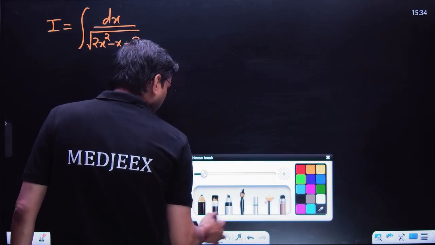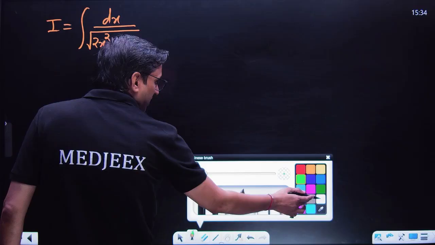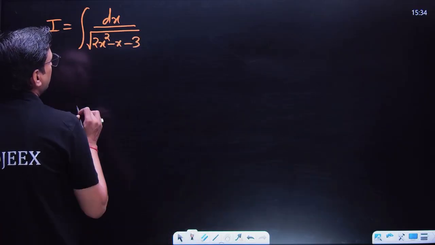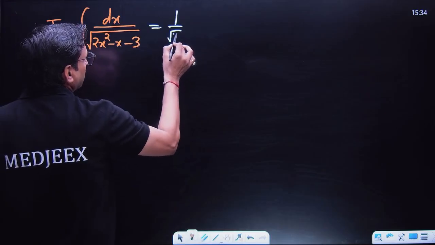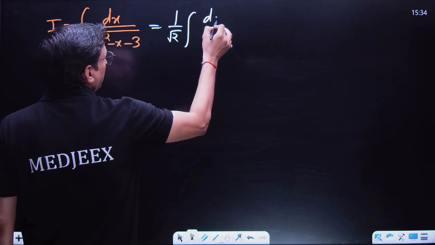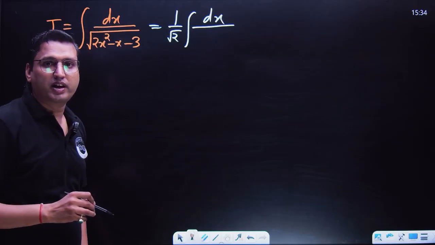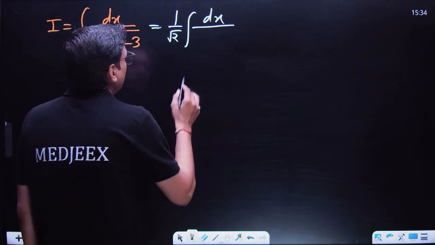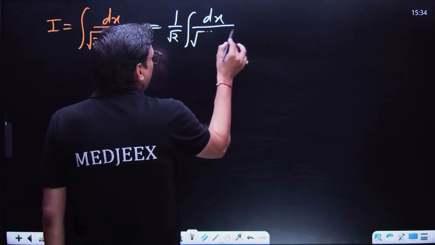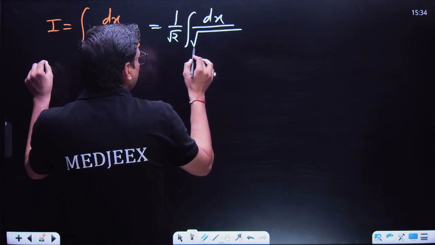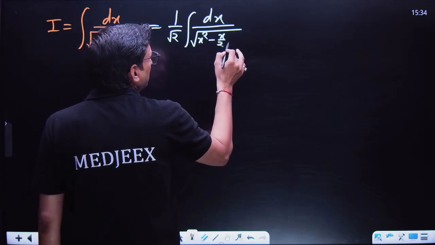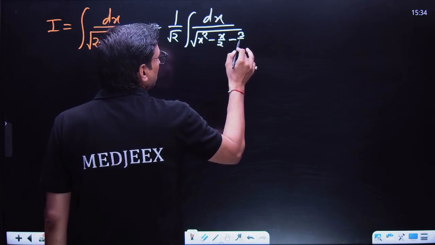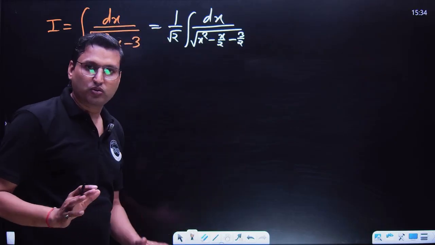Now see, in this particular situation, I am going to take root 2 common. Now 1 by root 2 is common, dx upon what we can write. Root 2 is common. After taking 2 as common out of the root, it will become x square minus x by 2 minus 3 by 2. Any doubt?